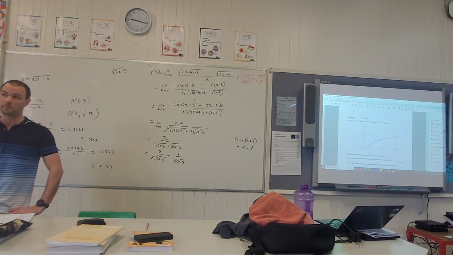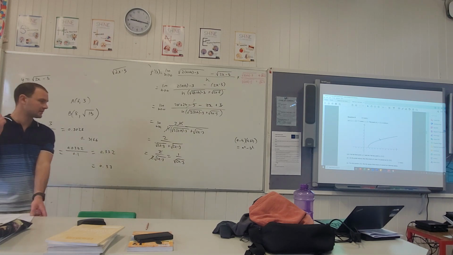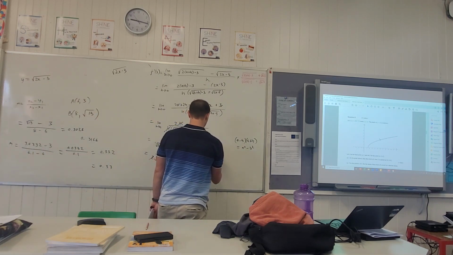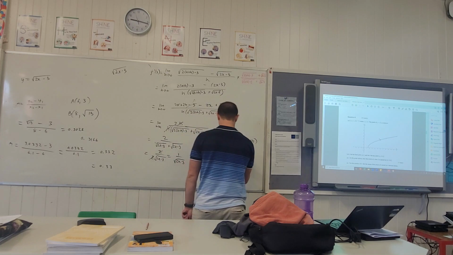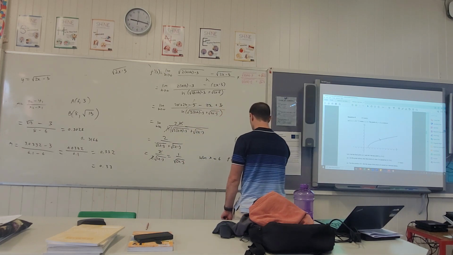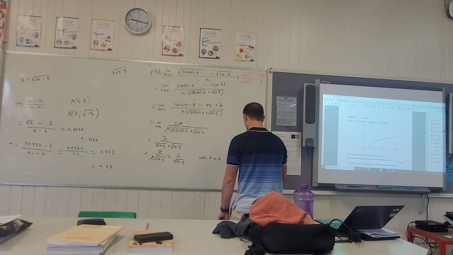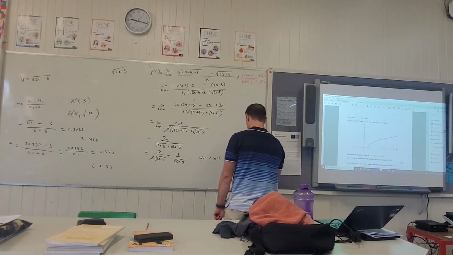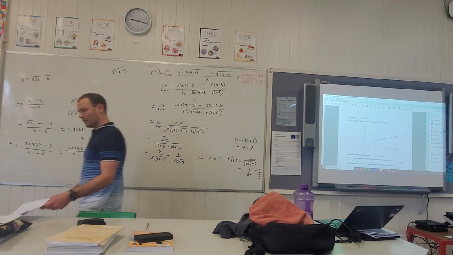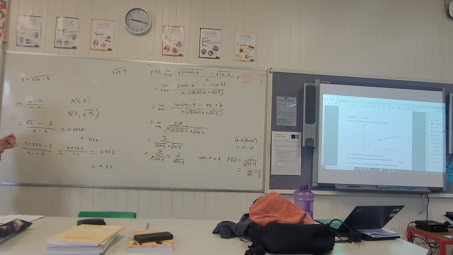So we found the slope function, but they want the slope at point A. So that means when x is 6, one on 3. Alright, and hopefully you can see this one.